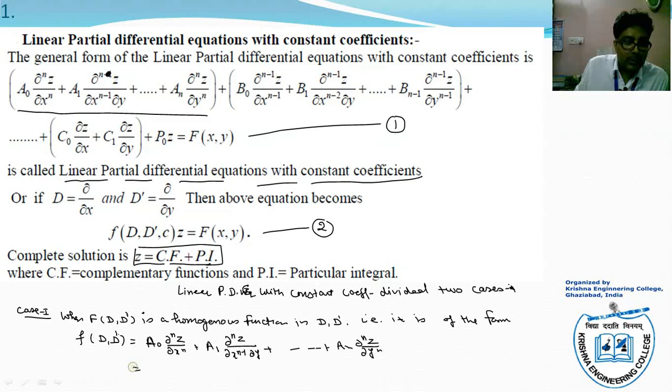That means this is also written as a naught D to the power n plus a1 D to the power n minus 1 D dash to the power 1 dot dot dot a n D dash to the power n.